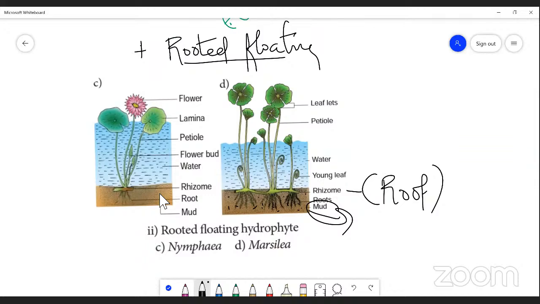So this is called rooted floating. The plants are rooted in the soil, floating on the surface of water, simply.